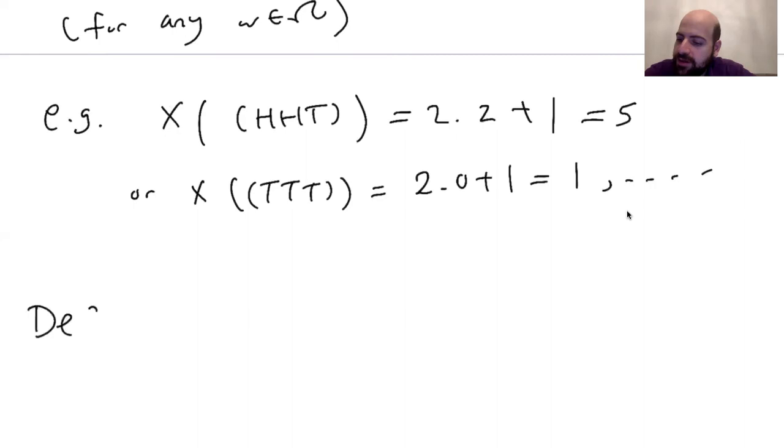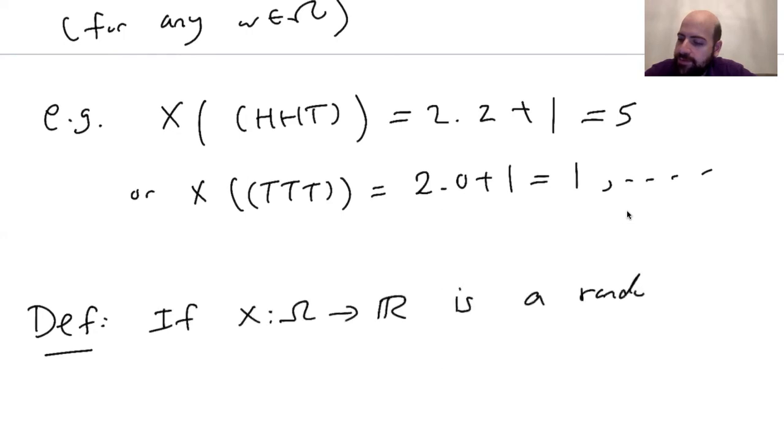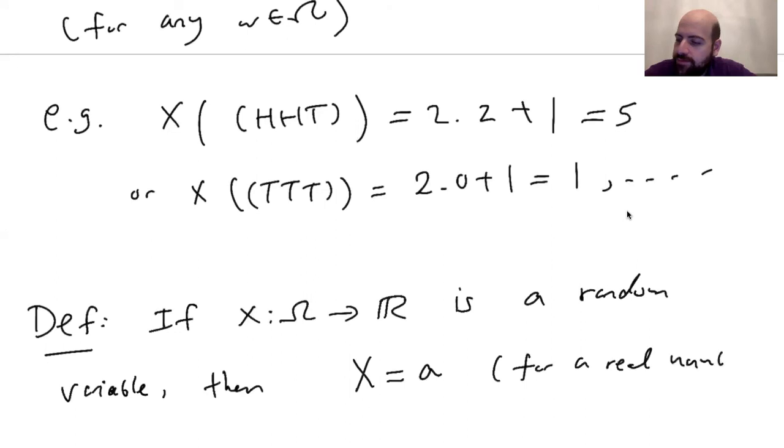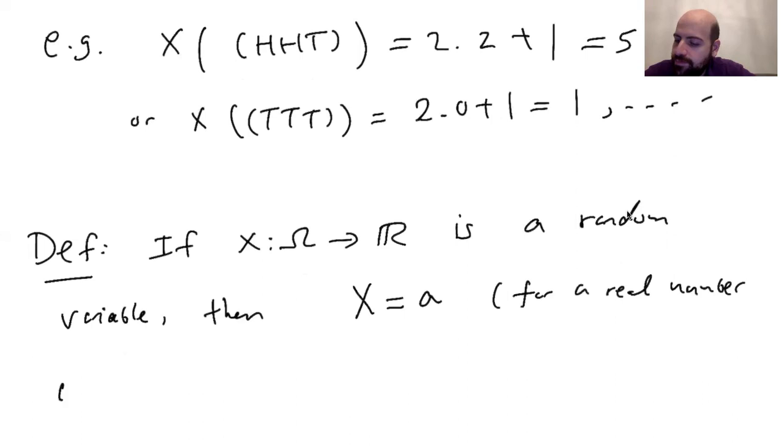Definition: if X from omega to R is a random variable, then X equals a, for a real number a, is defined to be the event.